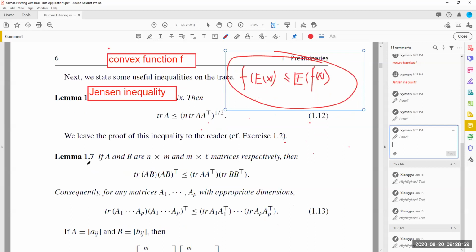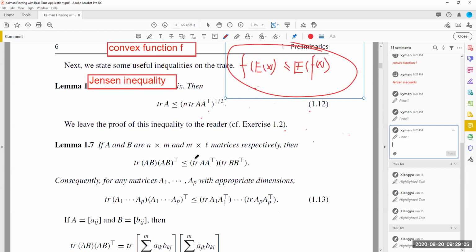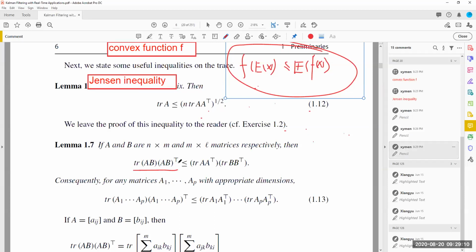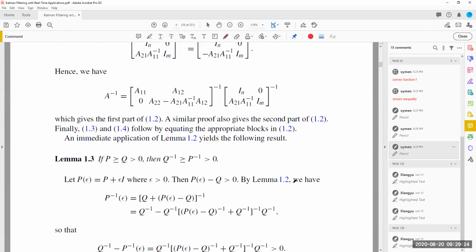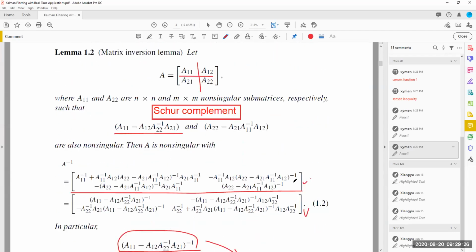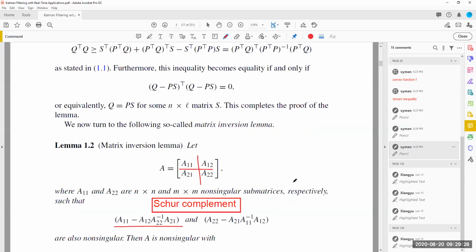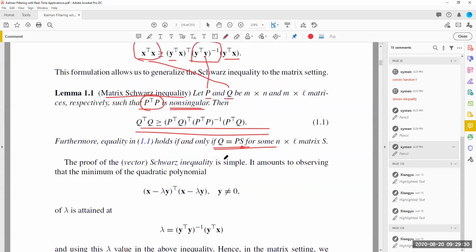Lemma 1.7: A and B are two matrices that may not be symmetric. Then we have the trace of A B transpose is less than the trace of A transpose A times the trace of B transpose B. I think this is a special case of lemma 1.1, the matrix Schwarz inequality.